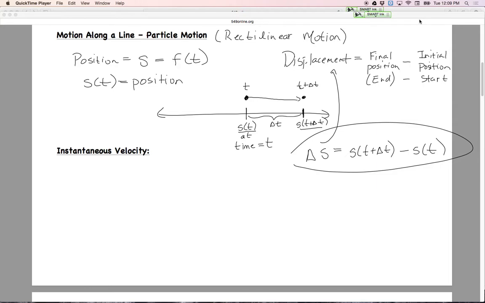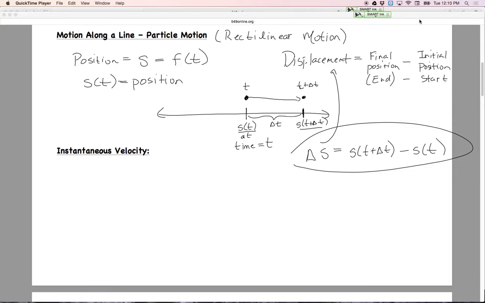So my displacement, when I say it's 1 minus 0, I get the answer is positive 1. What that tells you is that I've been displaced. I have moved 1 unit to the right of my starting position. My end position is 1 unit to the right from my starting position. That's what displacement is.